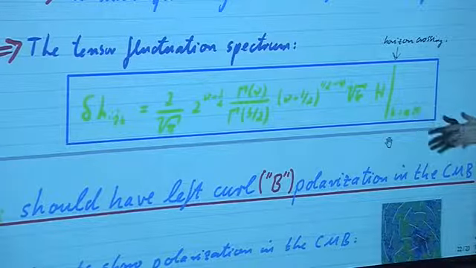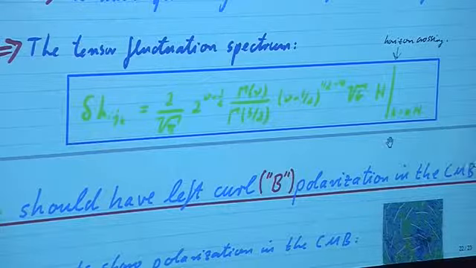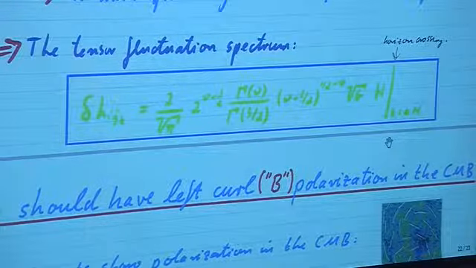And that means that we get a consistency condition. We get that certain relations must hold between the size of the tensor fluctuations, if hopefully we measure them, and the slope of the slow roll. And inflation predicts a particular relationship between them.